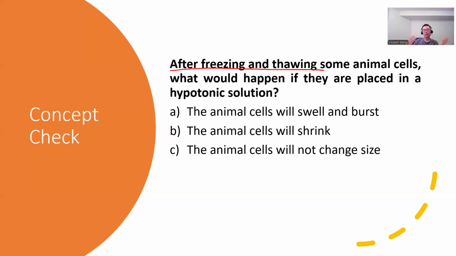So after you thaw, the cell is already dead, and there are a bunch of holes in the membrane. It couldn't care less whether you put it in hypotonic, hypertonic, or isotonic, because the cell membrane is destroyed. There is no regulation of what comes in and what goes out, so there's no change in the size. It's full of holes, and things just go in and out at an equal rate. Does that make sense?